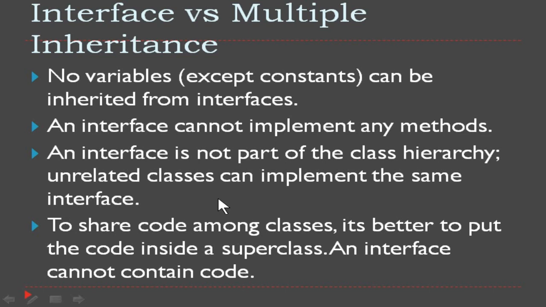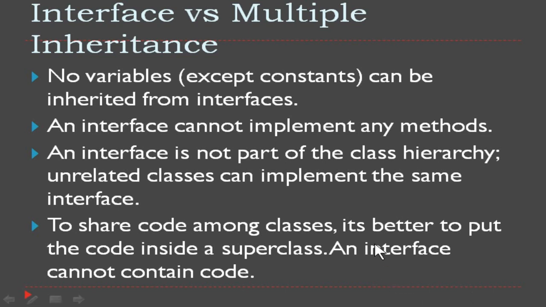So if you have different classes which are not related to the other classes, they can also be a part of an interface. That means you can implement any interface anywhere. Not only that you should have a particular class to be implemented, you can have different classes which can implement this interface.